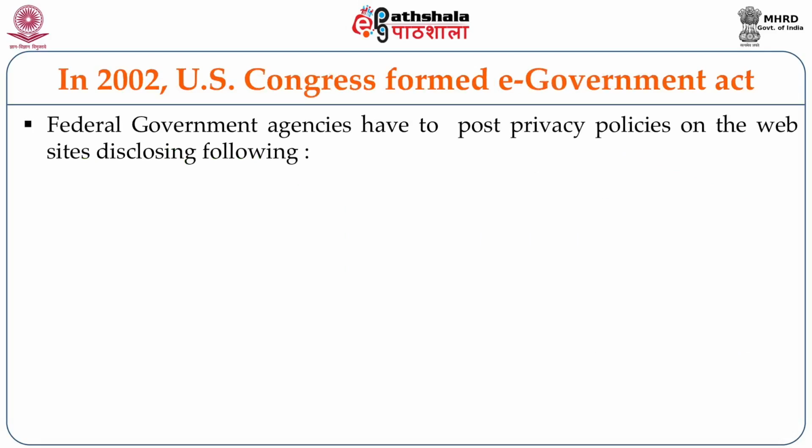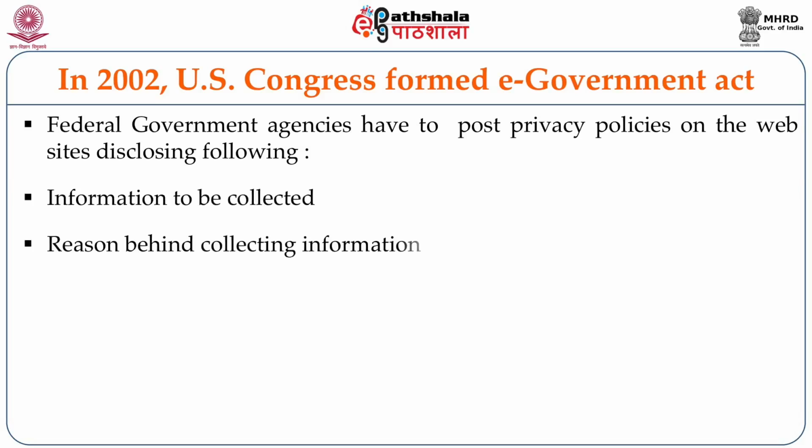In 2002, the US Congress enacted the E-Government Act of 2002, requiring that federal government agencies post privacy policies on their websites, and those policies must disclose the following things. The information that is to be collected, the reason the information is being collected, the intended use by the agency of the information, that is, why the agency is collecting it and what the purpose is.